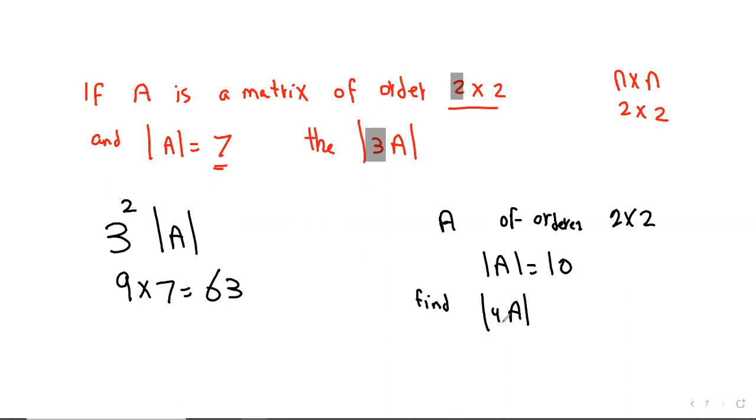So here you take this 4 and raise it to the power of n. It might be 2, it might be 3, it might be 4, but I'm talking about a square matrix of order 2 by 2 now. So it's 4 to the power of 2 multiplied by the determinant of A, which is 10. So it's 16 times 10, it will be 160.